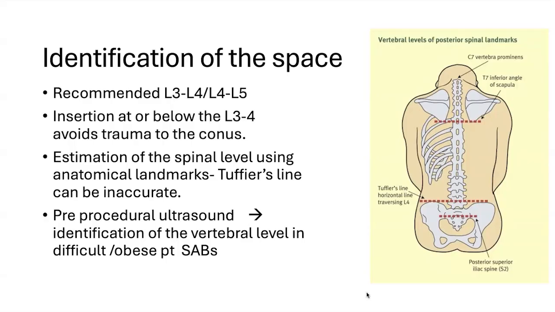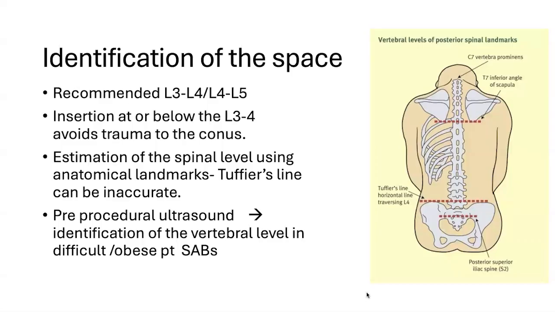But right now, they say that it is a very inaccurate way of finding the space. Now that ultrasound is introduced everywhere, it is recommended to do a pre-procedural ultrasound, which means ultrasound-assisted identification of the vertebral level. You mark the level and then you go for the spinal anesthetic.